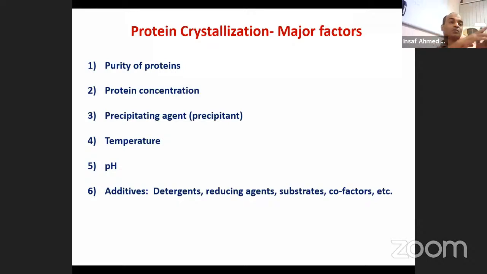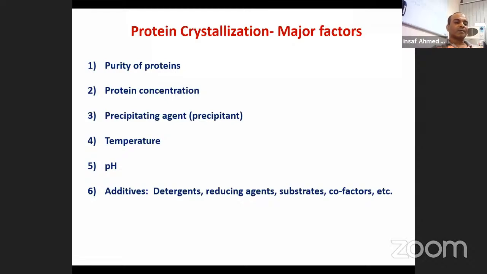Even in my own example, when I was working in Singapore, I was working on a protein called FKBD. FKBD is the FK506 binding domain from Plasmodium. It is a validated target, so you can use this FKBD as a drug target against Plasmodium. When I tried to crystallize my protein with the FKBD, I tried for 1 year and didn't get any success.